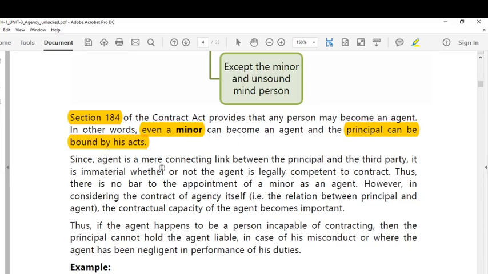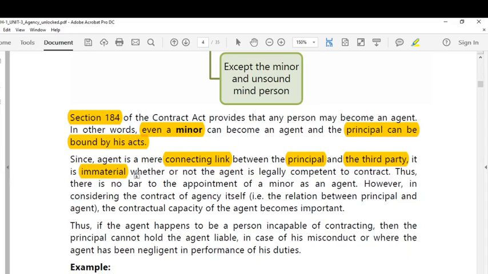Agent is a mere connecting link between the principal and the third party. This point you need to remember. It is immaterial whether or not the agent is legally competent to contract. So it is immaterial whether the particular agent is competent to contract or not, because he is not going to have any contract with the third party.